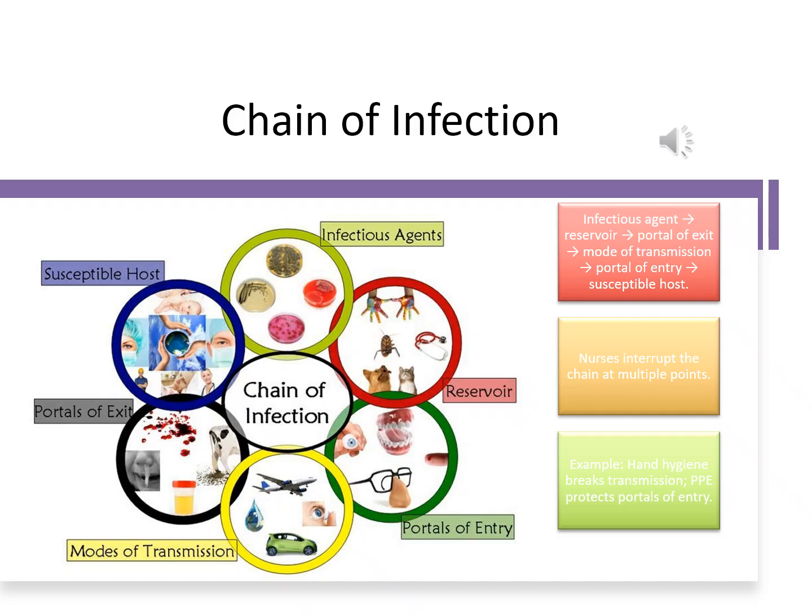Your fourth link is the mode of transmission. This is how the pathogen travels to the next host. We want to break that transmission so that we don't spread the infection. The pathogen is transmitted through contact, droplet, airborne, or vector transmission.